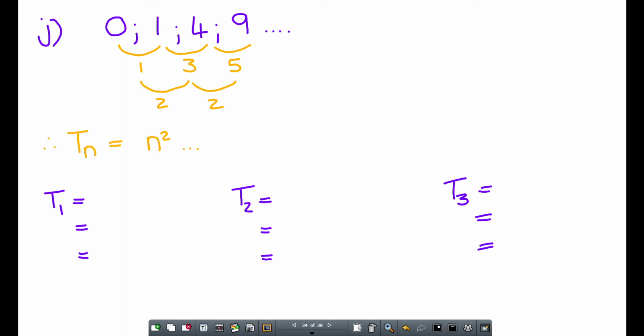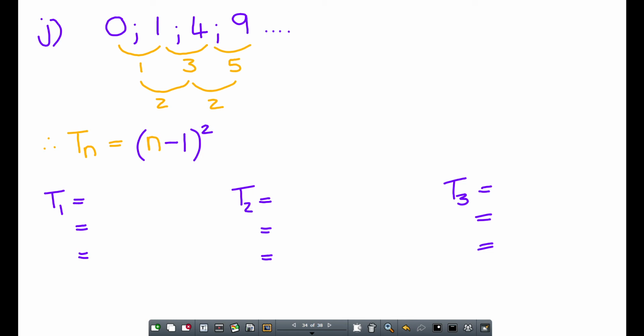So if I want to move a term back, n is the number of my term. I still want to say n squared, but I want to move a term back, so minus 1, and that squared. Move a term back, because I get the answer too early.